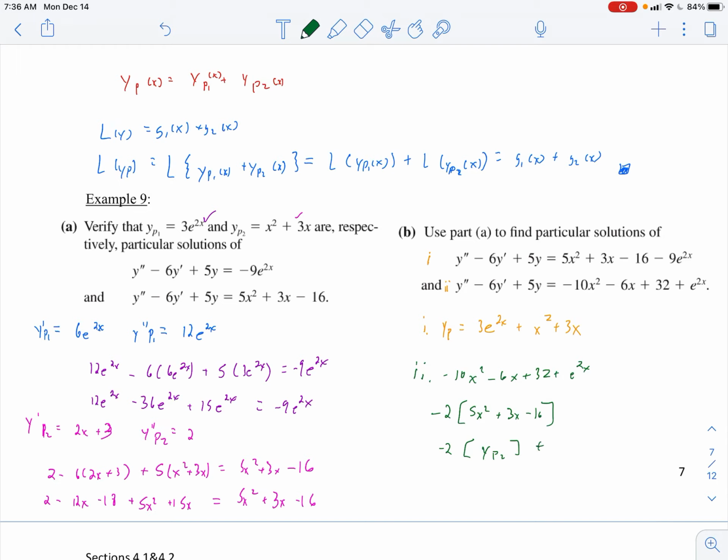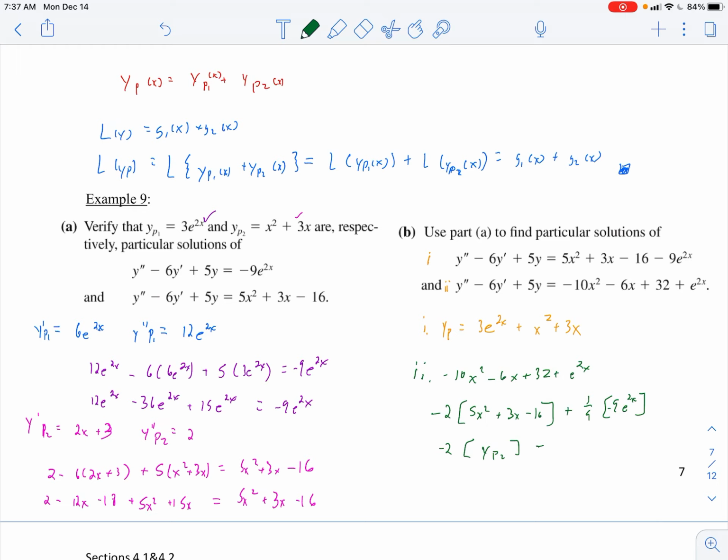Plus, we need a 9 in there. We want it set equal to minus 9e to the 2x. So we're going to have to pull out a minus 1/9 so that we can get a 9, 9e to the 2x.